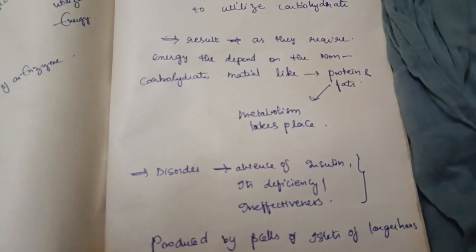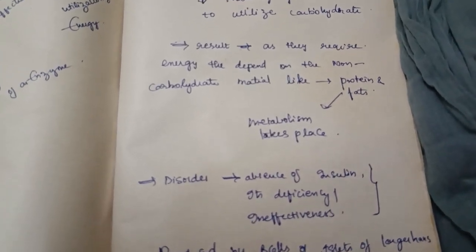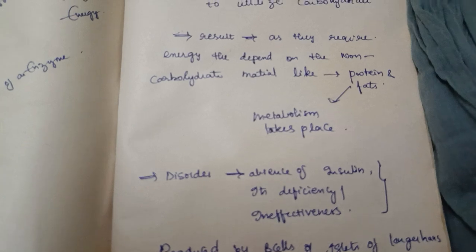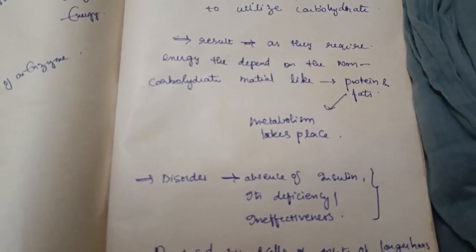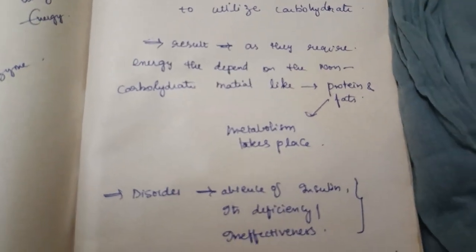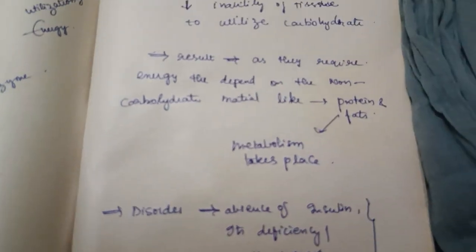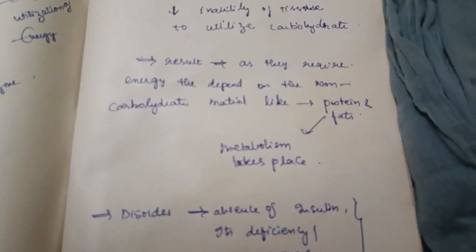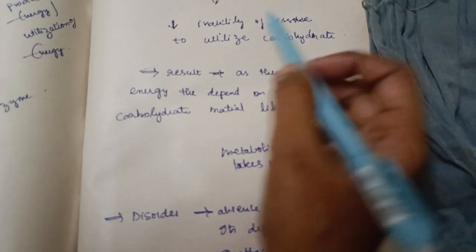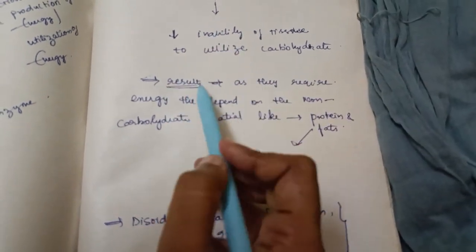But in this case, sugars are available and blood sugar level is increased, yet the cells are unable to utilize the carbohydrate, so in search of energy they metabolize protein and fat, which results in electrolyte imbalance.